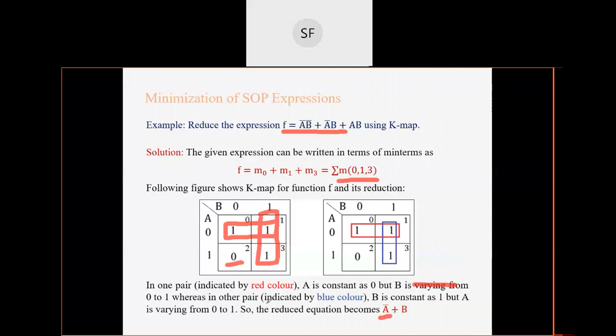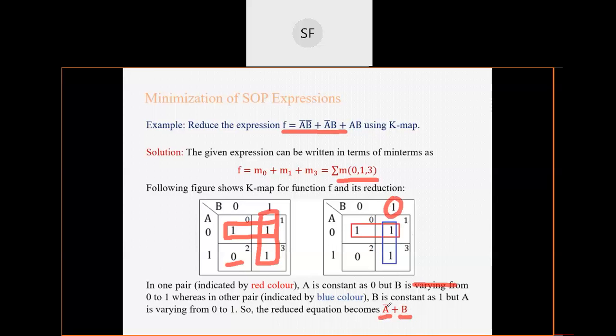Whereas in the other pair indicated by blue color, B is constant as 1. Here you can observe B is constant as 1, but A is varying from 0 to 1. So the reduced equation now becomes: the value of B is 1, A will be eliminated, so you have to write B. Also you have to write A bar.